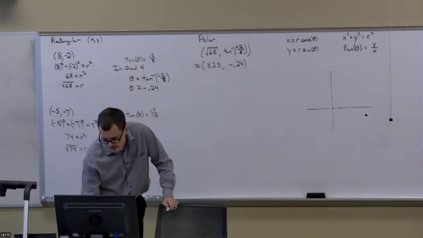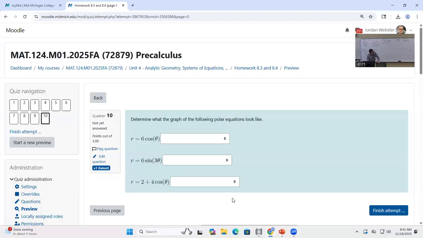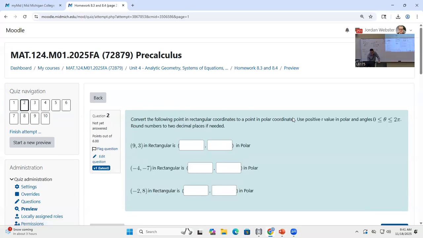Now I want to just do a note here. Oh, it's a positive R value. Correct. Between 0 and 2 pi.